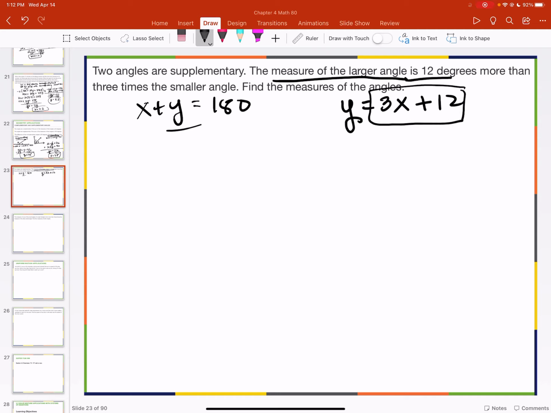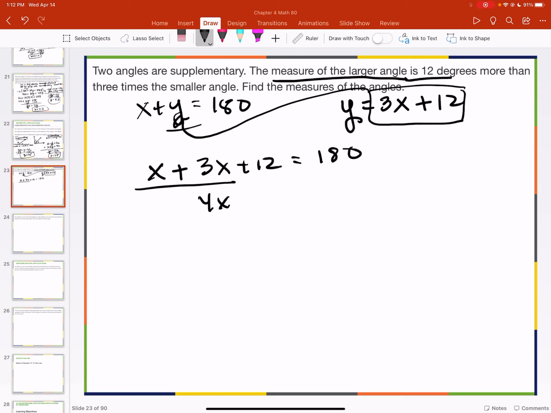Since this is already solved for y, I'm going to plug it into this one using substitution. So I get x plus 3x plus 12 is equal to 180. Combining like terms, I get 4x plus 12 is equal to 180. Simplifying by using the subtraction property of equality, 4x is equal to 180 minus 12.